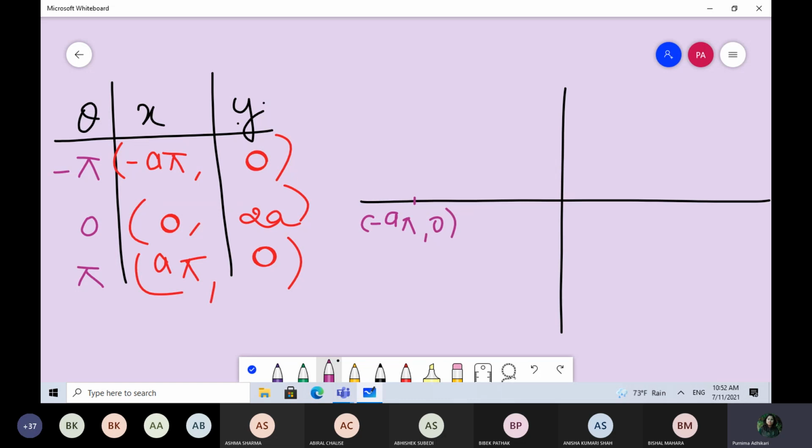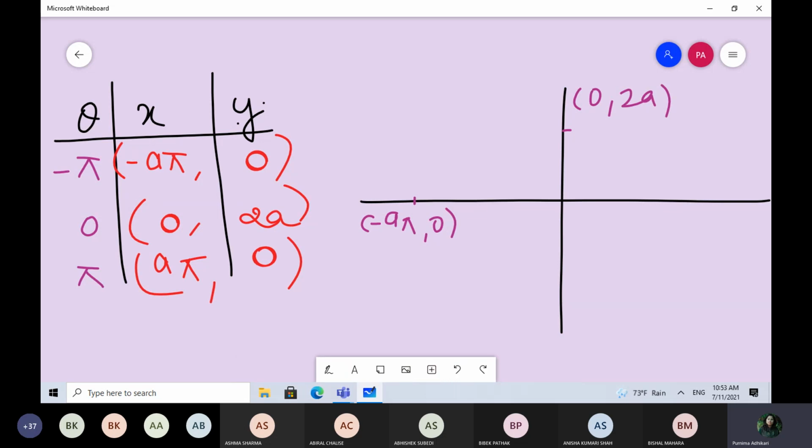And your next point is 0 comma 2a. So is 2a greater than a pi or lesser than a pi? Less than. Okay, so we will have it somewhere over here, little less than a pi. So this point is 0 comma 2a.